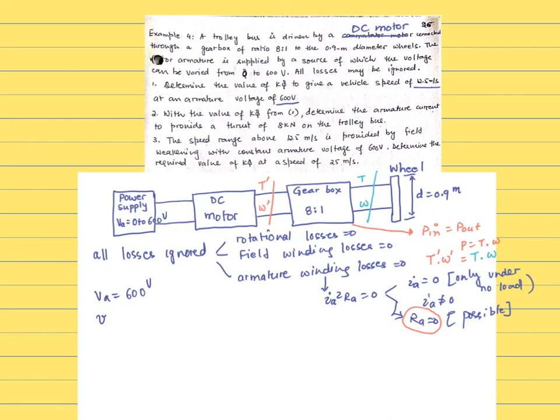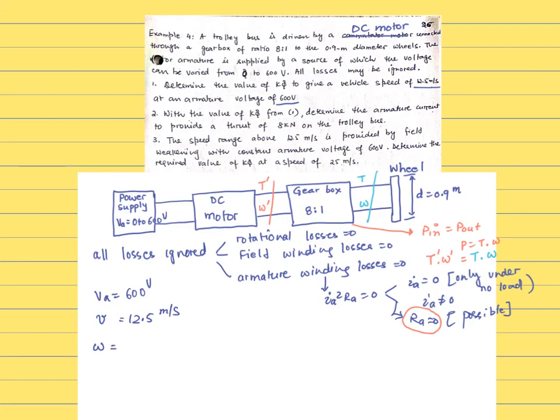Okay, so I was saying V is the velocity at the wheel, so we're going to use the primes on the left hand side of the gearbox, so those are the motor quantities, and the wheel quantities are without the prime. So V is without the prime, and that's given by 12.5 meters per second. We know how to convert it to omega.